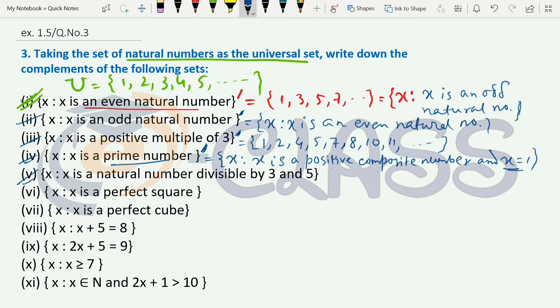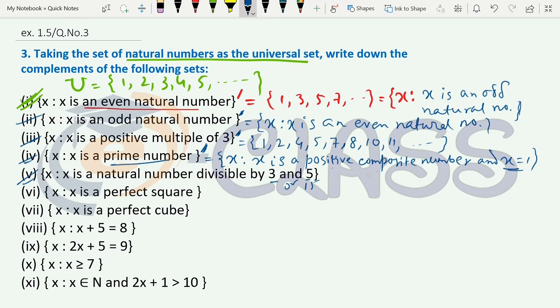Okay, now question number 5. X such that x is a natural number divisible by 3 and 5. Divisible by 3 and 5. So you have to just ignore the numbers which are divisible by 3, 5 or 15, because 3 into 5 equals 15. Okay, so you just ignore 3, 5 or 15.